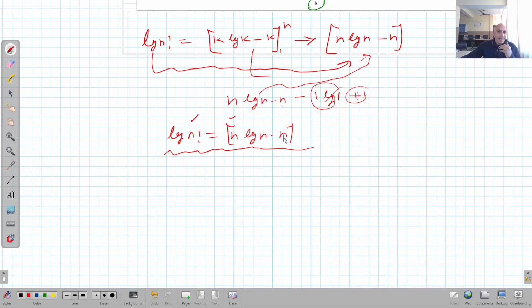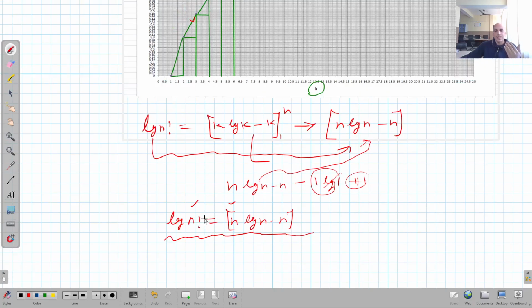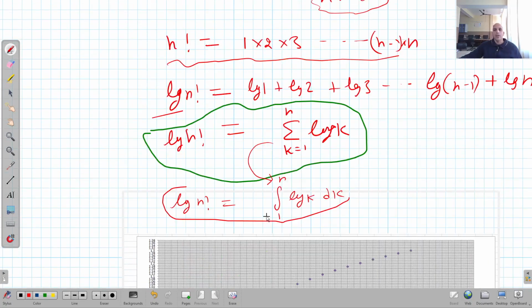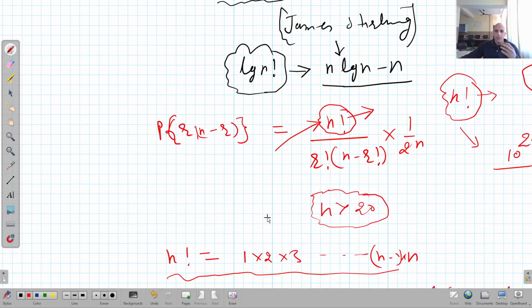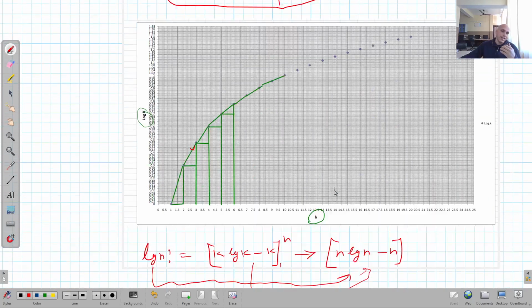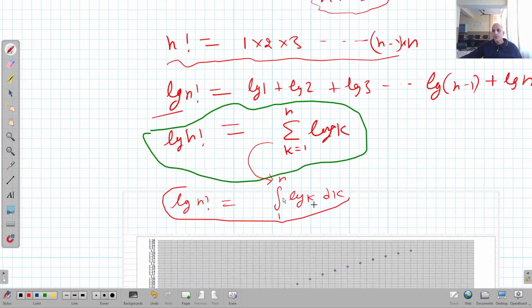But if you take n equal to 100, these values will become nearly equal, meaning the error will reduce. So when n is a very large number, it is nearly equal to this. This is all about the Stirling formula. In all the applications of this equation, we will make use of this Stirling formula. So thank you very much.